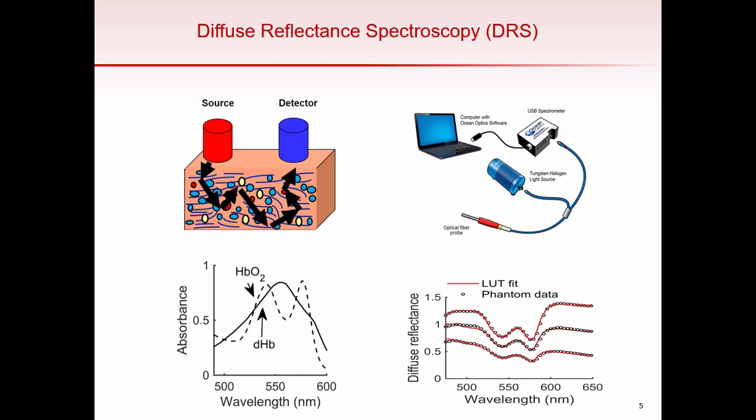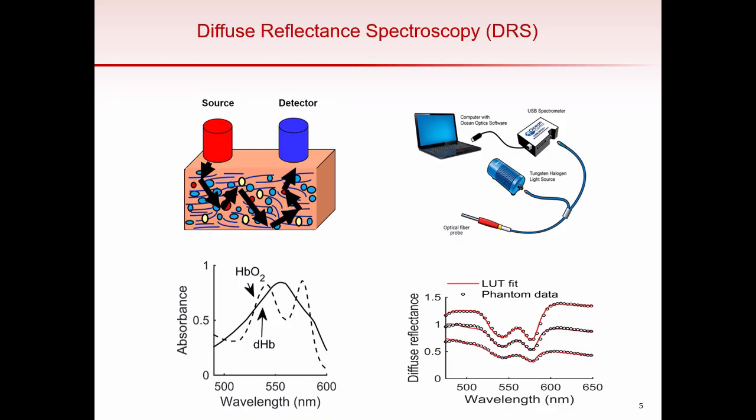So what we are suggesting for this study is the technology of diffuse reflectance spectroscopy, which is a non-invasive method capable of recognizing underlying pathology of the tissue. So the idea is to illuminate the tissue with an optical fiber probe. This visible light will be interacting with the tissue.